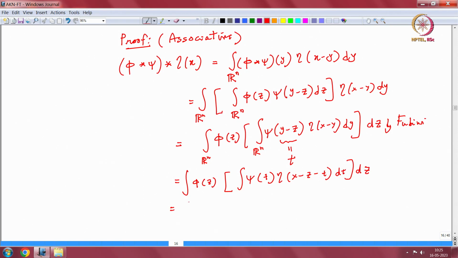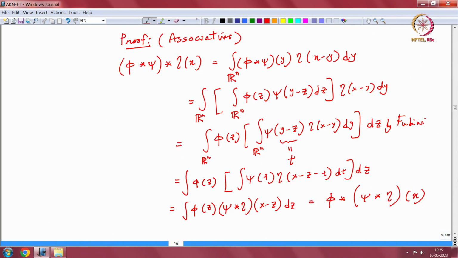And look at that, this is nothing but phi of z times psi star eta evaluated at x minus z, dz, and that is nothing but phi star of psi star eta at x. So, you have that proof immediately.